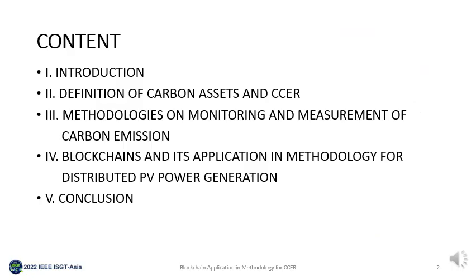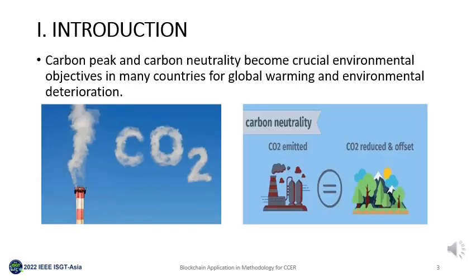There are 5 chapters in our paper. First, let me talk about introduction. Carbon peak and carbon neutrality become crucial environmental objectives in many countries for global warming and environmental deterioration.